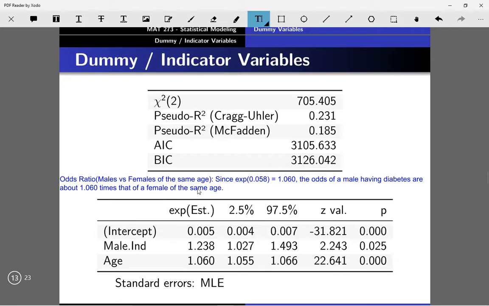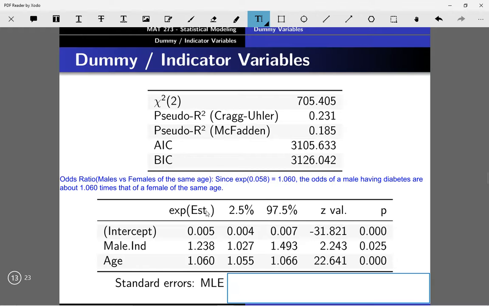Okay, so the exponentiated coefficient for this binary predictor represents the odds ratio for that predictor. And that's in general how that is. Some people think the probabilities are more interpretable than the odds, and that's reasonable.